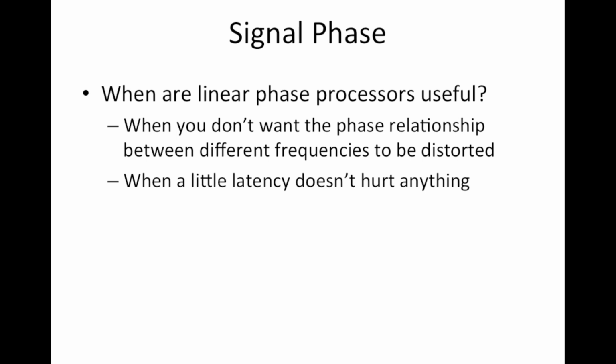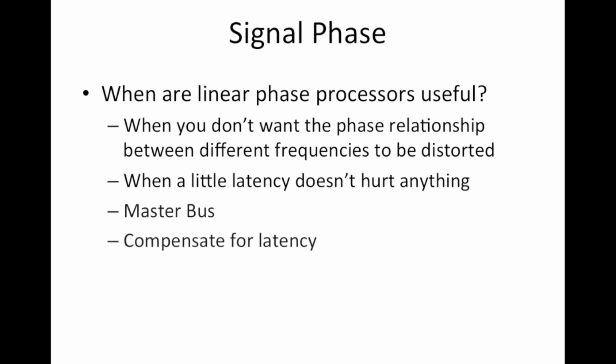As I said before, sometimes a phase distortion isn't even perceivable. But at the same time, you need to be aware that there's latency that can come in. And if you don't deal with the latency properly, if you delay one signal but don't delay another one, you're essentially going to have more phase problems because of the latency.